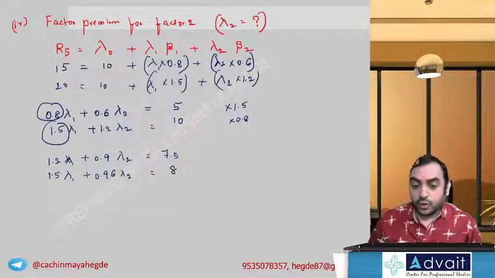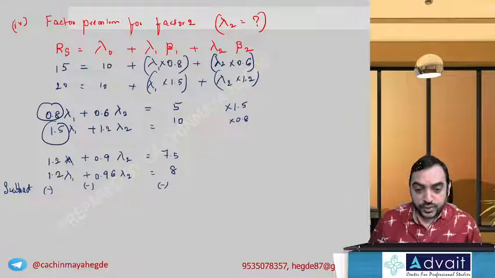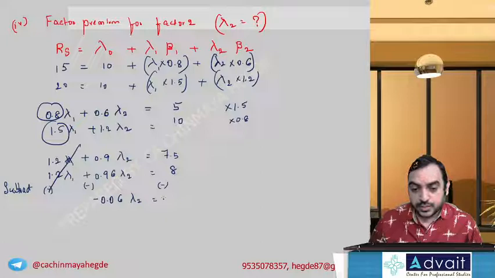Now the coefficients are the same, so subtract the equations. The 1.2 lambda 1 terms get cancelled. 0.9 minus 0.96 is minus 0.06 lambda 2, and 7.5 minus 8 is minus 0.5.